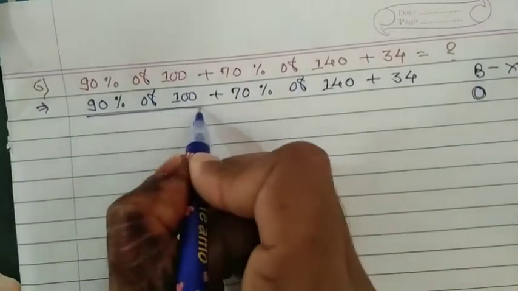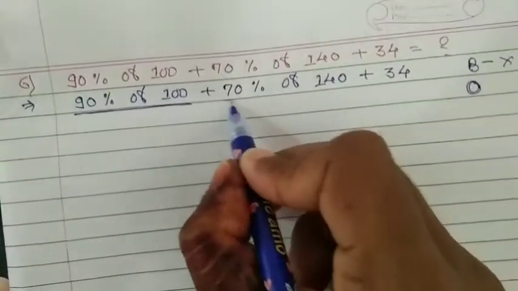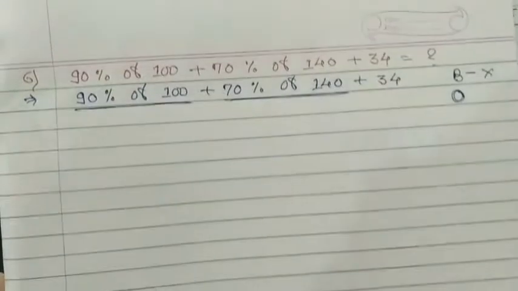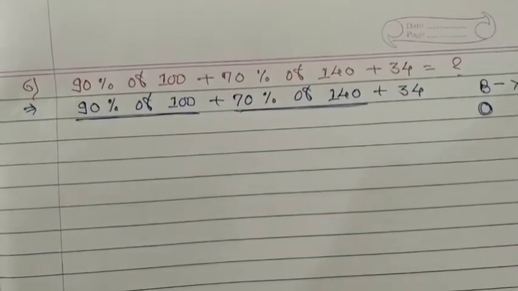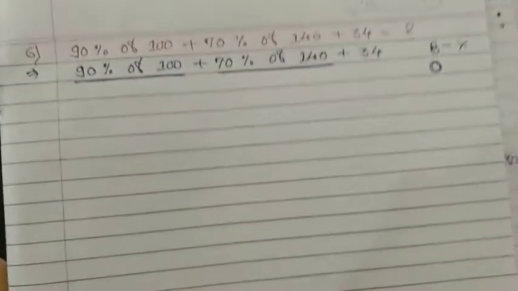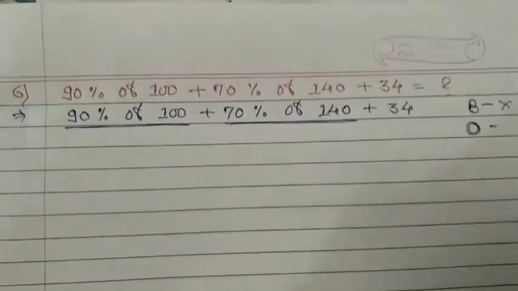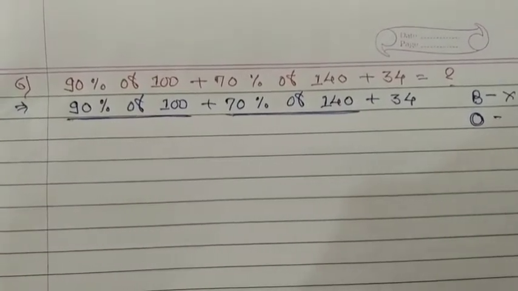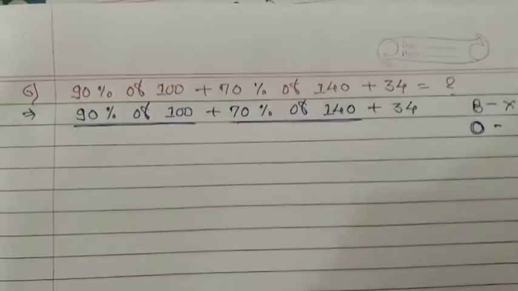90% of 100, then 70% of 140. Right? There is an "of" of the percentage type. Which type? Percentage type "of" is here.